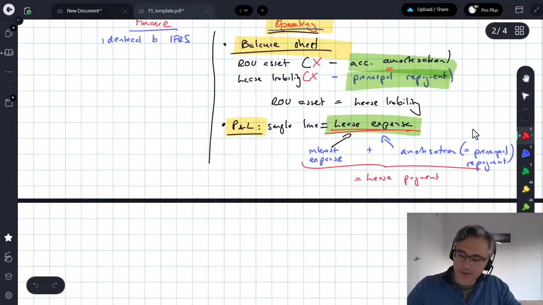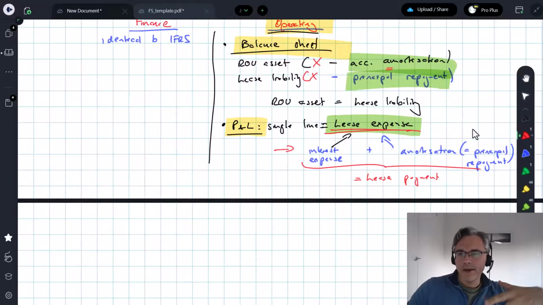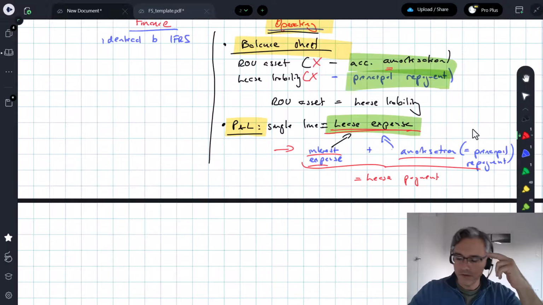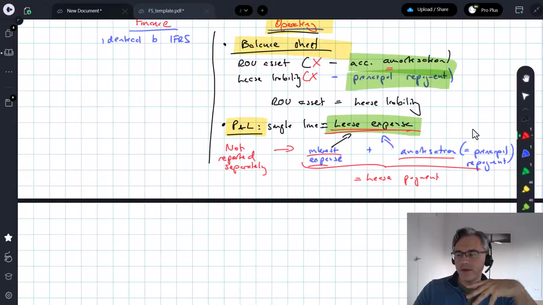And please appreciate, these questions are tough because you need to understand these approaches. But under this way of accounting, the interest expense and the amortization go into a single line called lease expense, and they're not reported anywhere separately as a true interest expense or a true amortization charge.